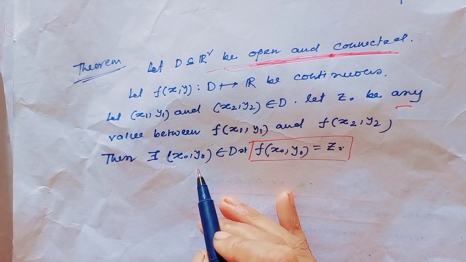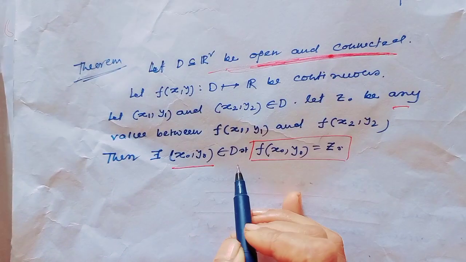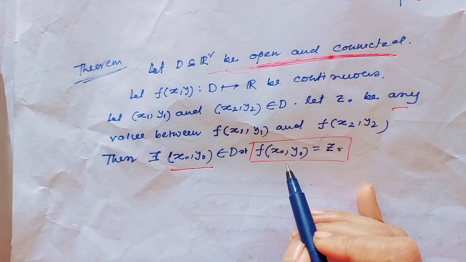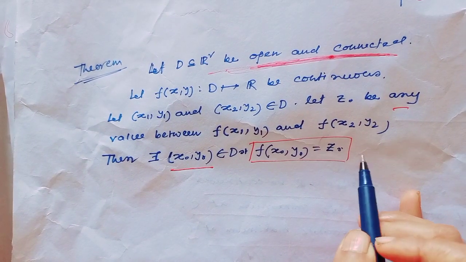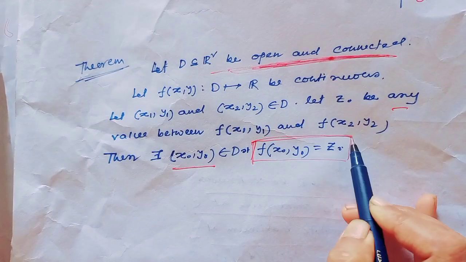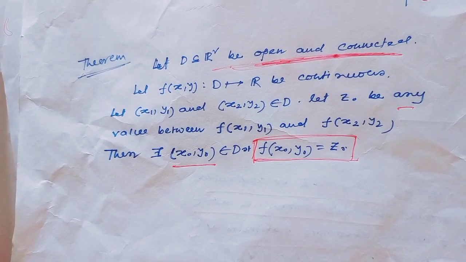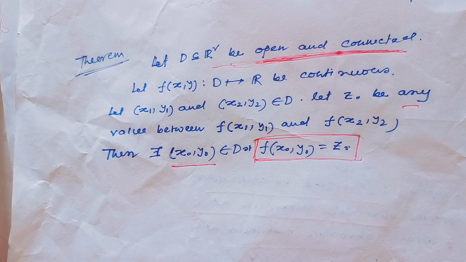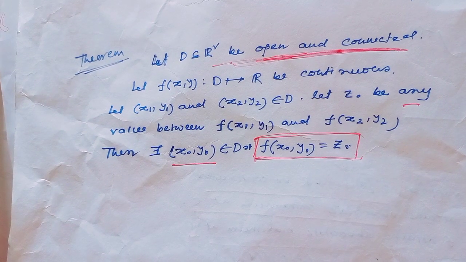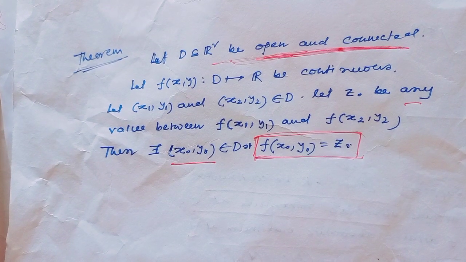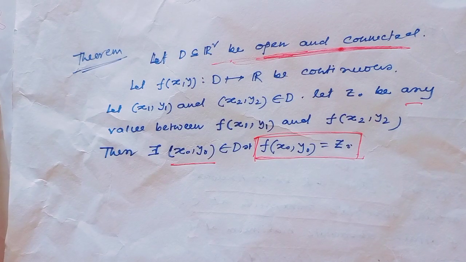Then there exists a point (x0, y0) in the domain D such that f of (x0, y0) equals z0. Okay? This is the intermediate value theorem in functions of several variables.